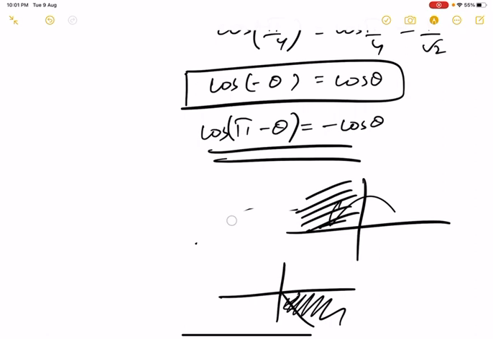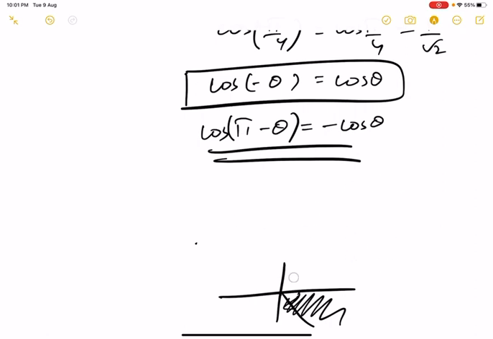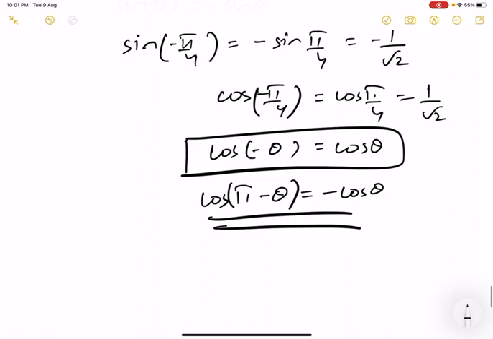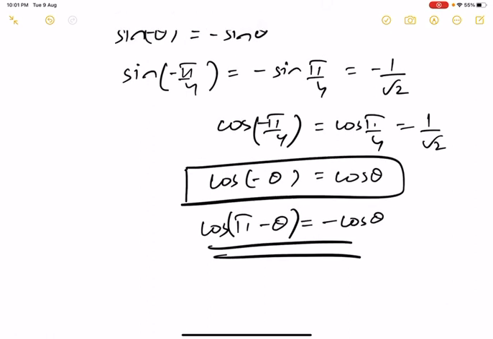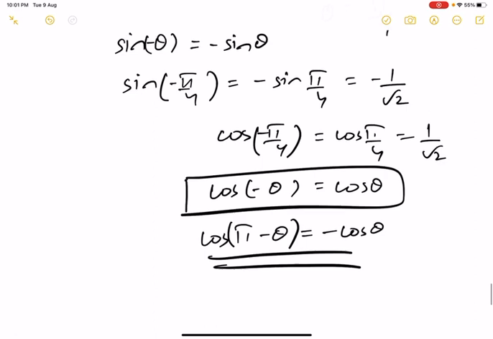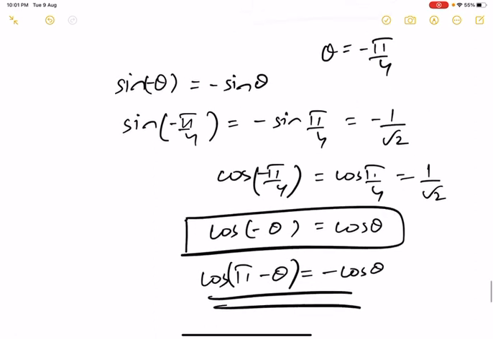So try to understand the logic. The cos of pi minus theta means you are in the second quadrant, and in the second quadrant x-axis is negative. That is why cos becomes negative. But cos of minus theta means you are in the clockwise rotation, negative rotation, so x-axis is positive. That is why cos will remain positive.